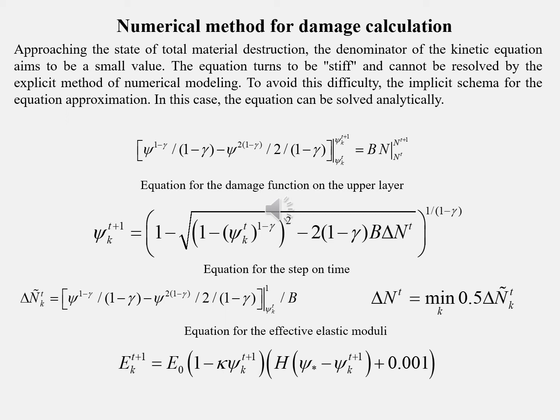In order to solve this problem, we move from an explicit to an implicit scheme, and in this case we can write the analytical solution for the damage function at the new time layer.